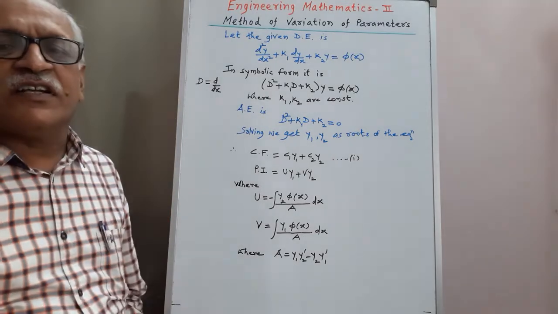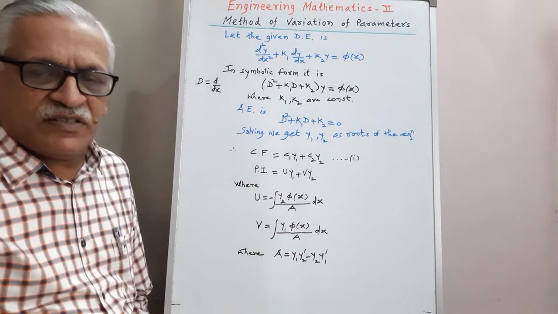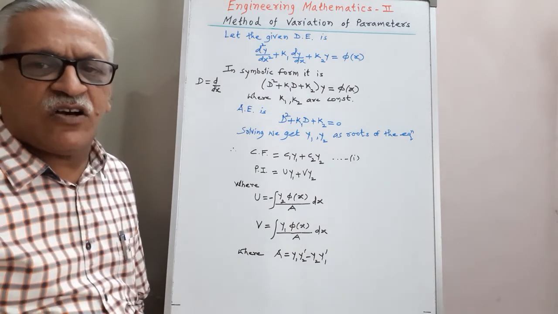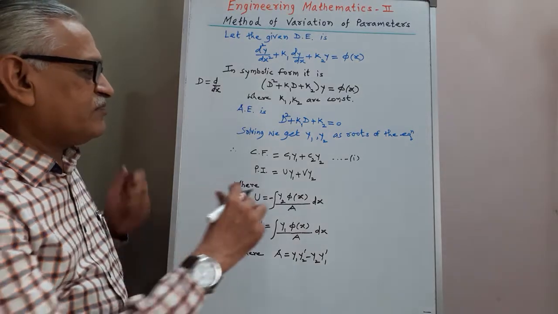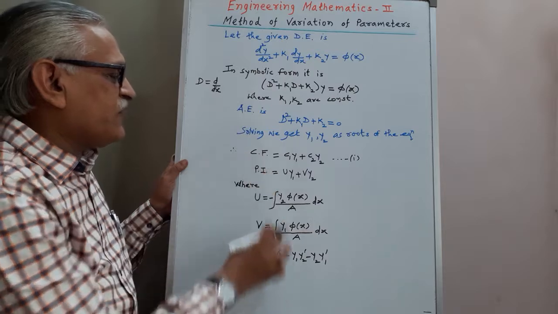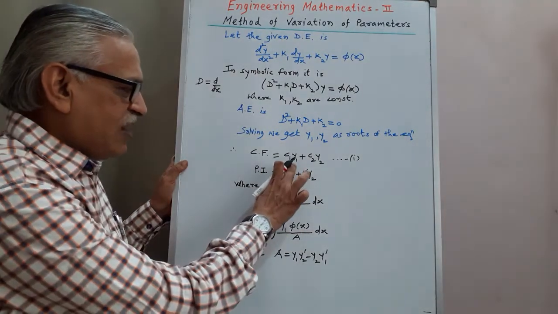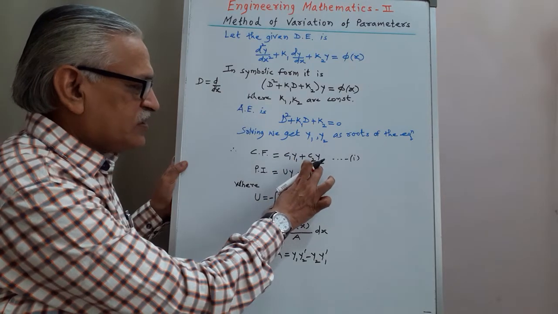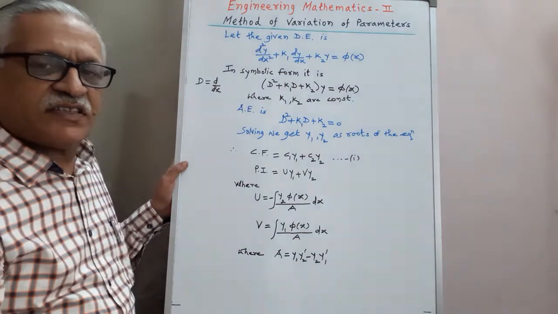We don't know the nature of the roots. They may be real and different, real and repeated, or imaginary, any type of root. We consider them as y1 and y2. Then the complementary function is c1y1 plus c2y2. We call this equation 1.